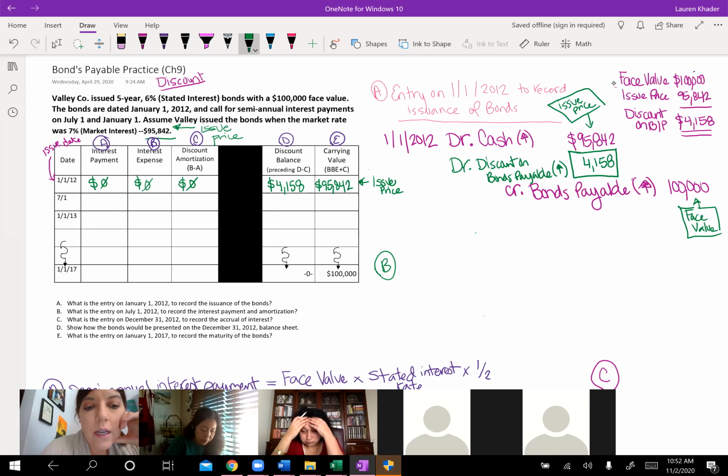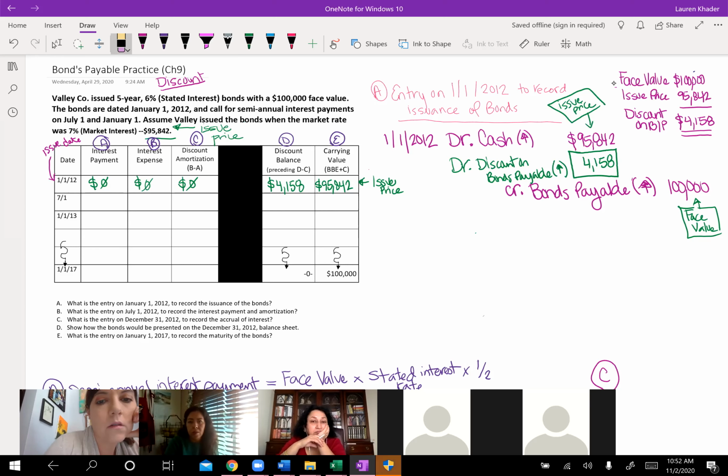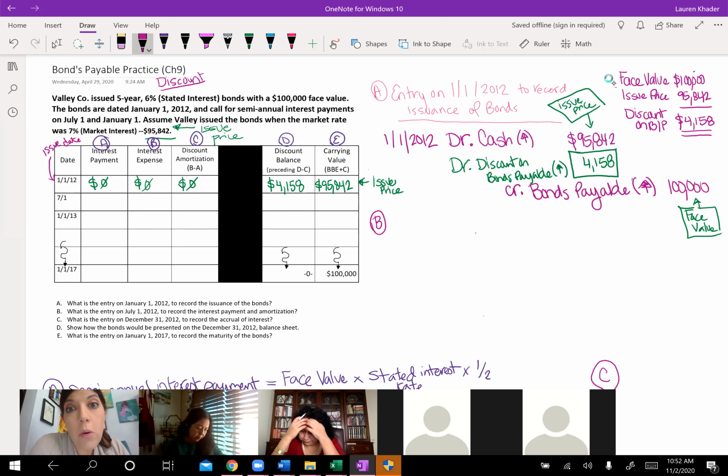Questions on the issue date? I had a quick question. Yes. Could you quickly explain again why there's 0 for the interest payment, expense, and amortization? On the issue date, your bonds haven't been outstanding, so you don't owe interest yet.